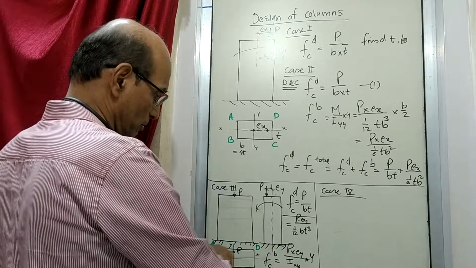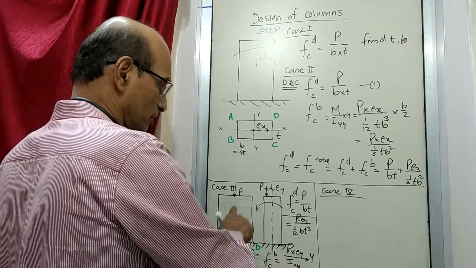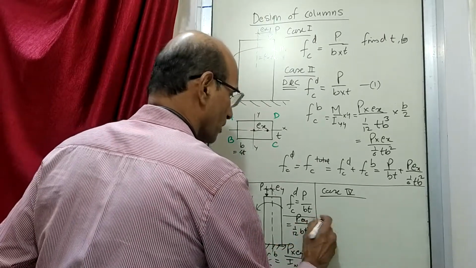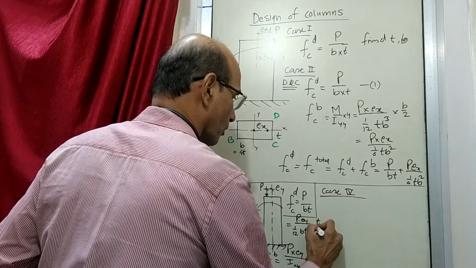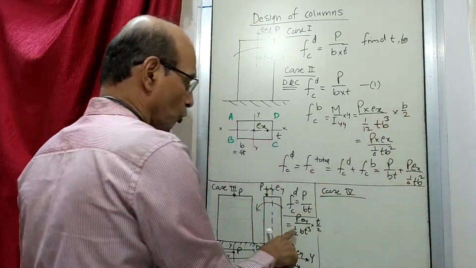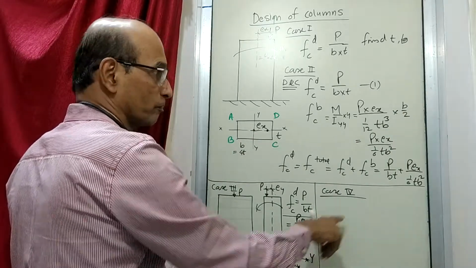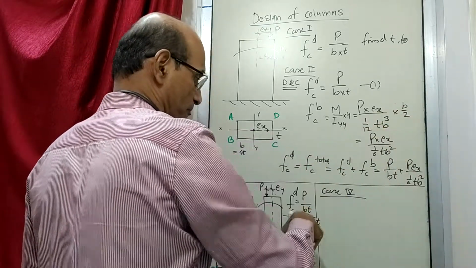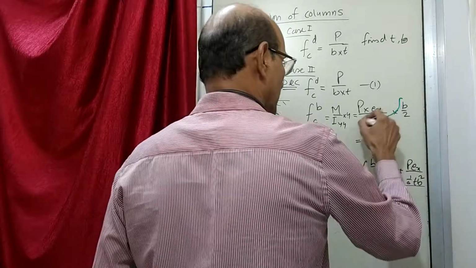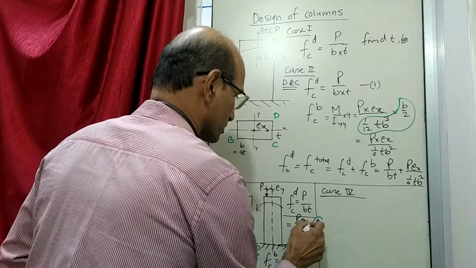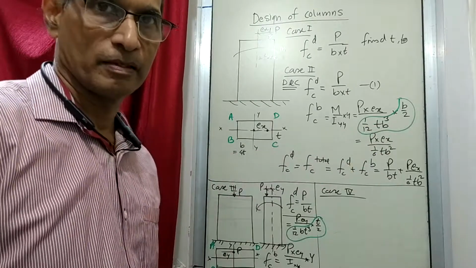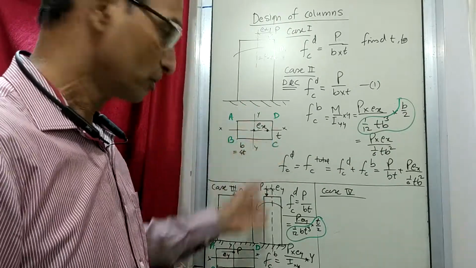B is along the neutral axis and T cube is perpendicular, and the maximum distance is T by 2. So it was like this, 1/12 T B cube into B by 2, now 1/12 B T cube into T by 2. See the difference here and here because the neutral axis has changed. So notice this part and compare this and this, because the bending axis has changed, the neutral axis has changed.